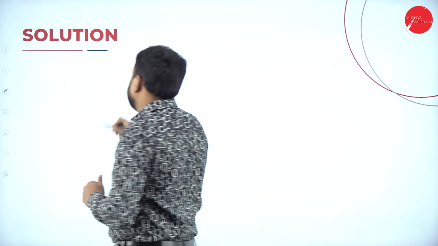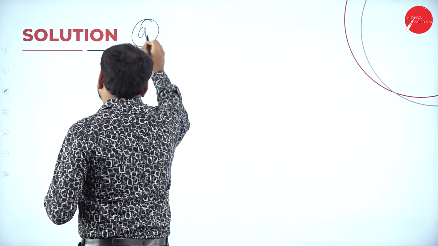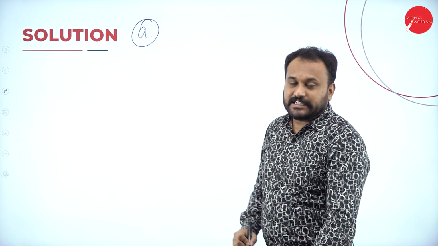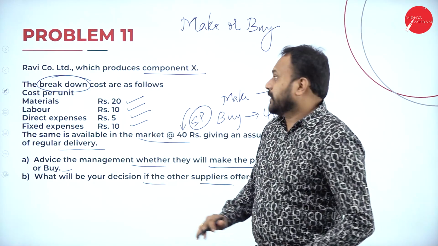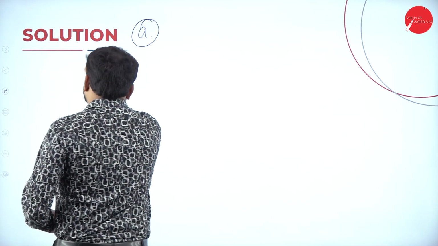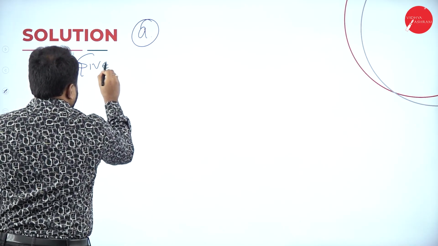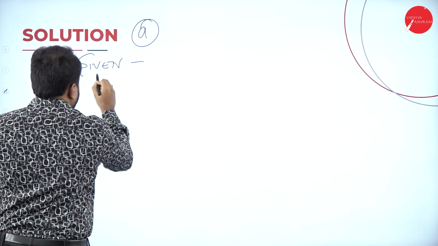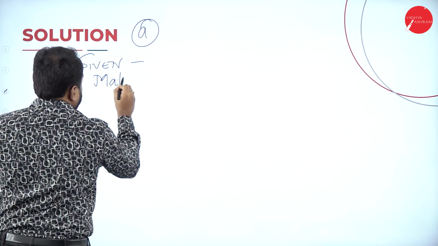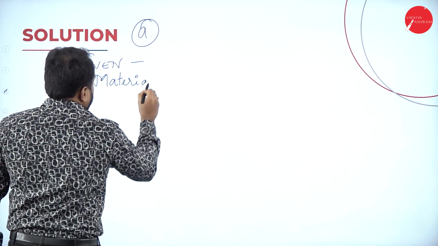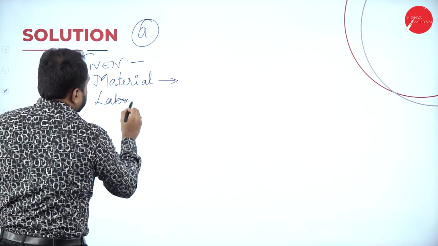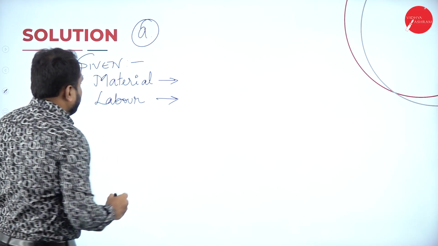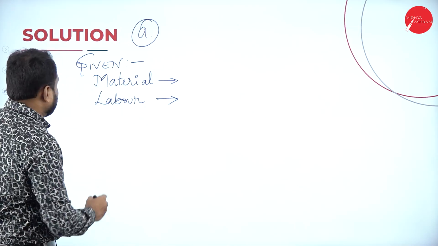The first is the solution number A. Let's go with A. Now what you are supposed to do is write down each and everything properly. So the first one here we have material, labor. So here given, you can go with this, given material and write down. Next is labor. Next, after that you have direct expenses.